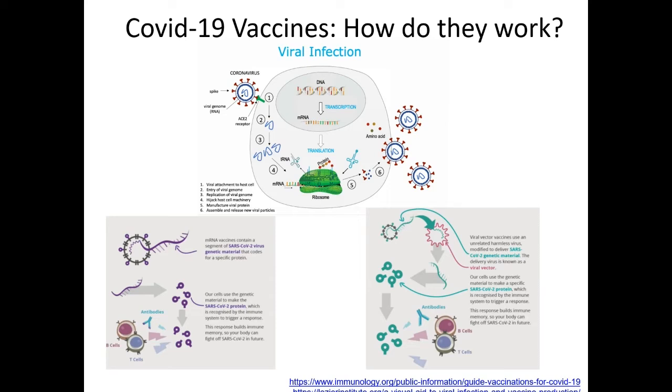The virus has a shell, and inside the shell is either RNA or DNA. COVID is an RNA virus. It inserts the RNA into the cell and fools the cell into making more of its protein. In many ways, this vaccine is mimicking exactly how COVID infects the cell.